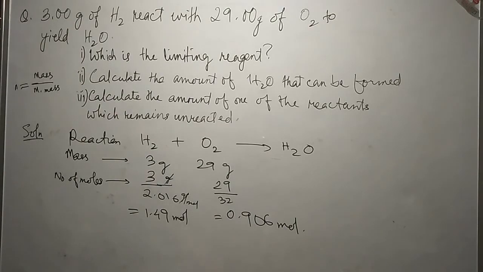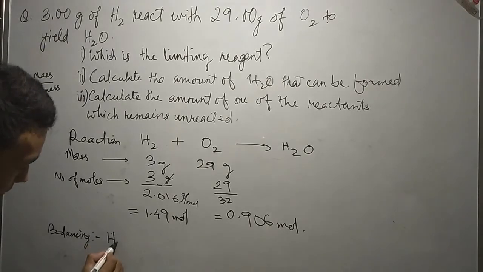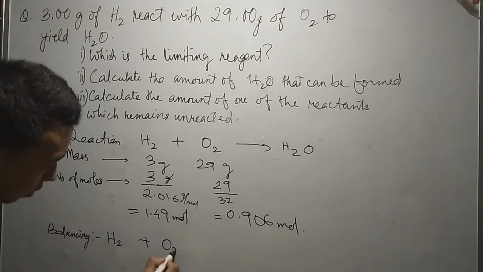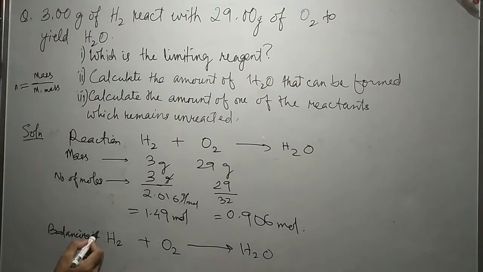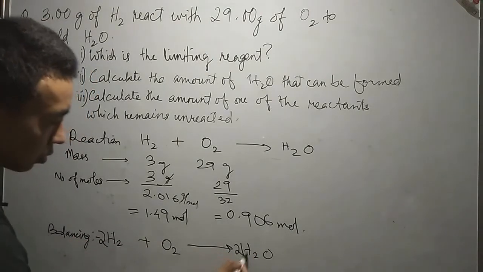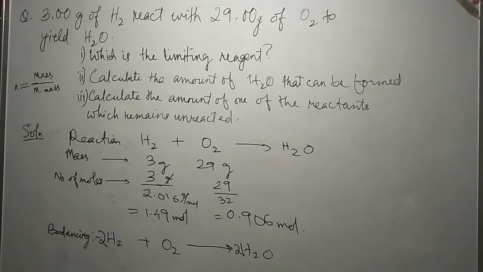Now we shall balance this equation. We have H2 plus O2 gives H2O. We shall balance it, so 2, 2. This is balanced.